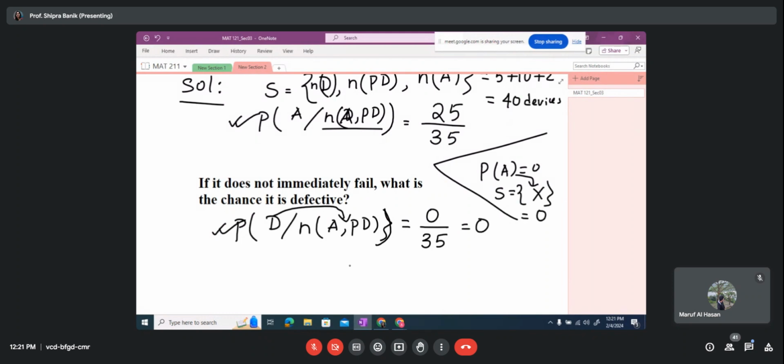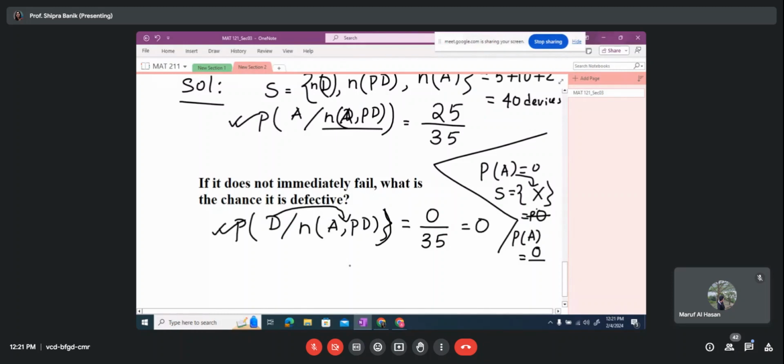Whenever we are looking for P(A), when I write P(A), A is not in my space. Then don't you think it is 0 by something? Null set.